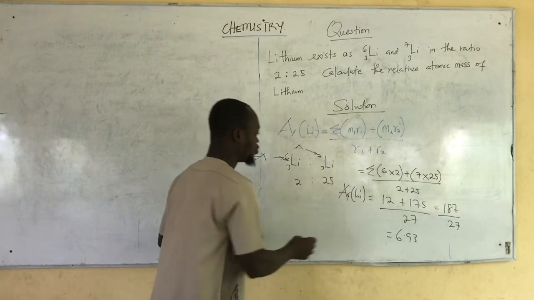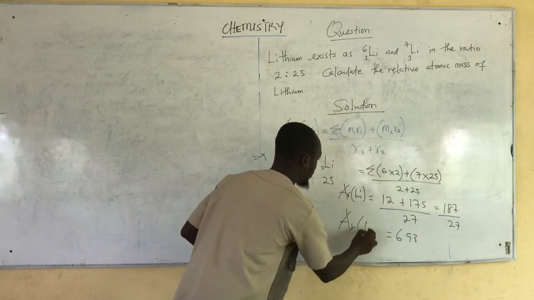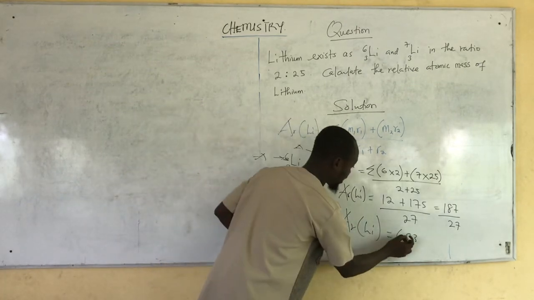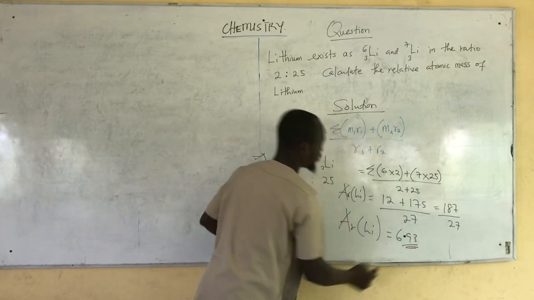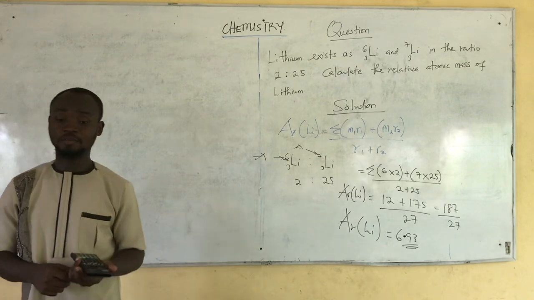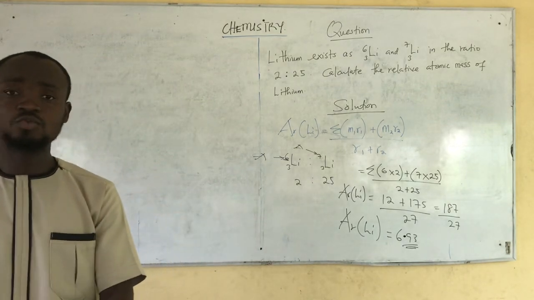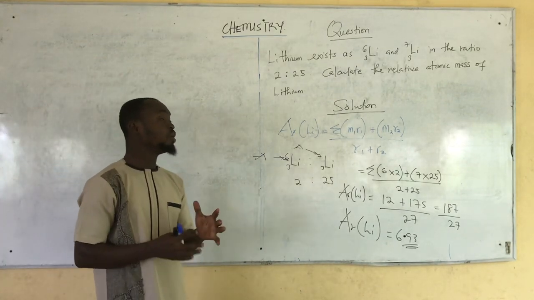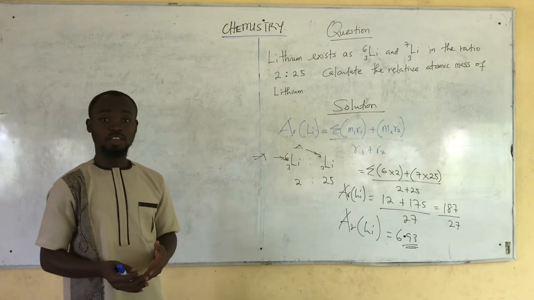Is that okay? So therefore the AR of lithium is equal to 6.93. So in situations whereby the percentage abundance is not given, we can equally use the ratio if the ratio is stated. Is that okay?